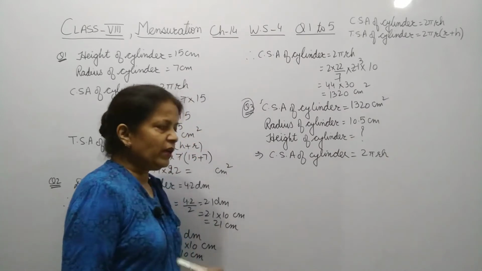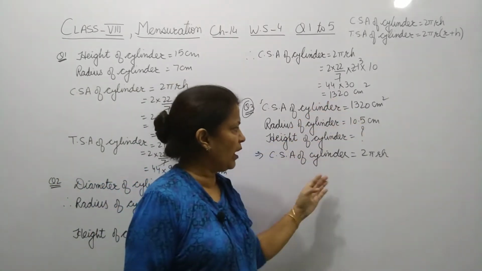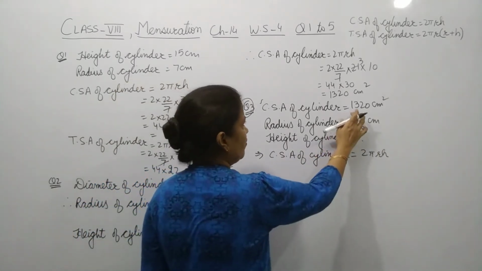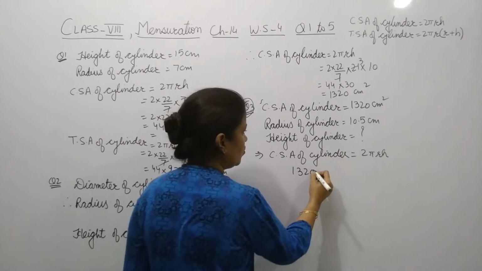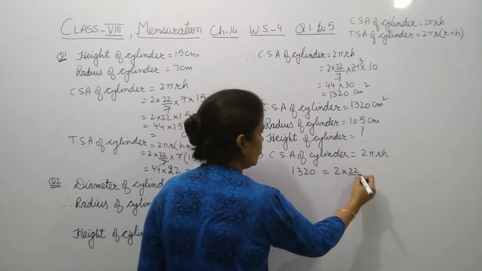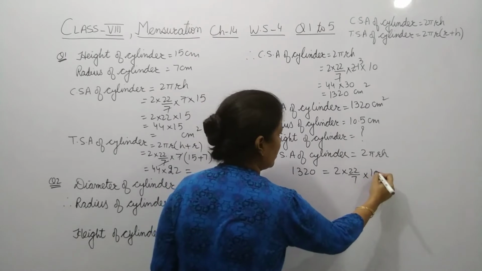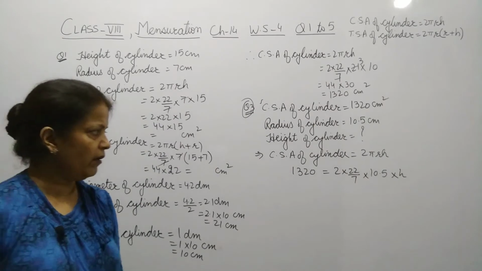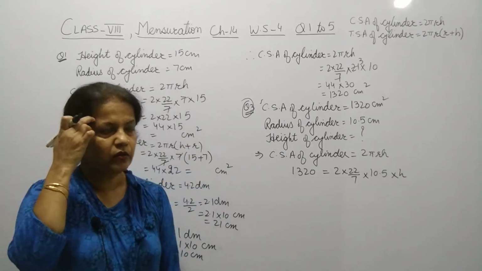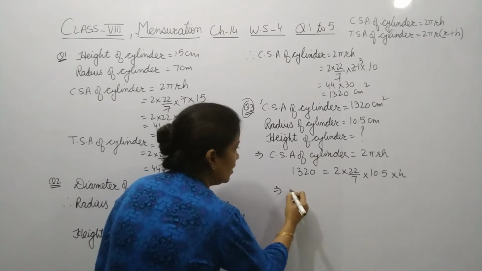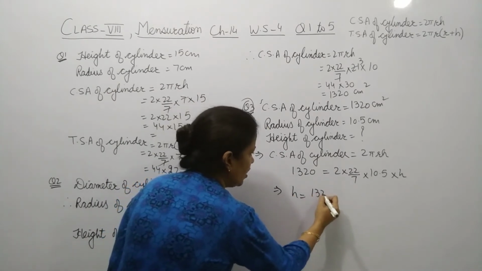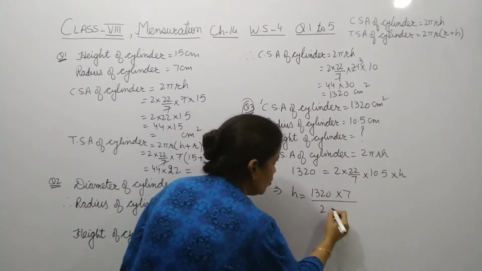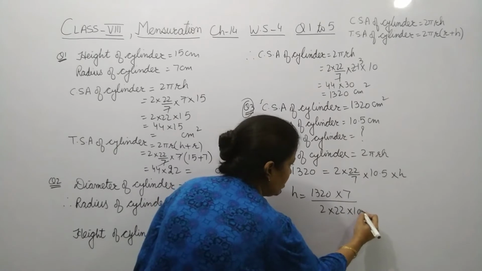Now what we will do is, wherever a value is given, write that value below it. So the curved surface area value is given: 1320 equals 2 into 22 by 7, r is given as 10.5 and h you have to find out. Is it clear? Now how will you find h? By doing cross multiplication. h equals 1320 upon 2 multiplied by 22 multiplied by 10.5, with the 7 taken across.